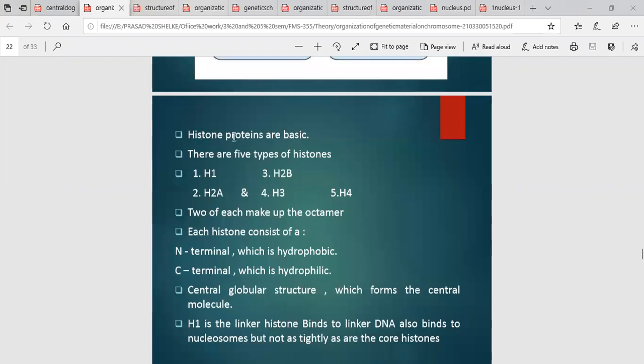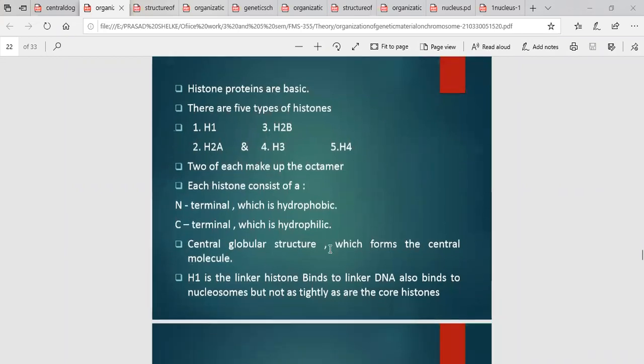These are the properties of histone protein. They are basic in nature. There are 5 types mainly: H1, H2B, H2A, H3, and H4. H1 is outside this octamer. It is present outside the beads which we saw earlier.